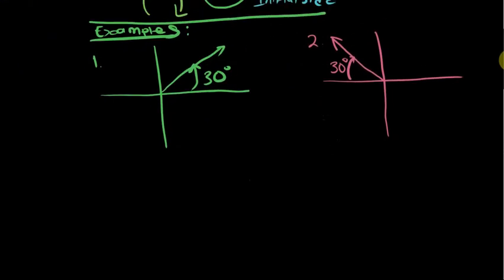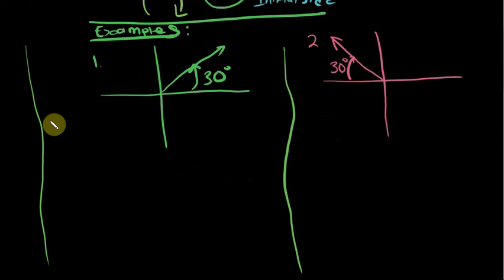Alright, there we go. First example: let's get the coterminal of the angle in the first quadrant, angle 30. So given reference angle 30 degrees, get the coterminal.